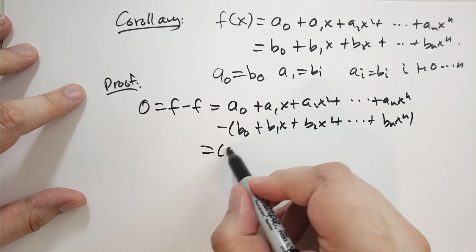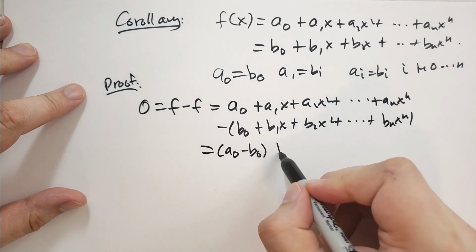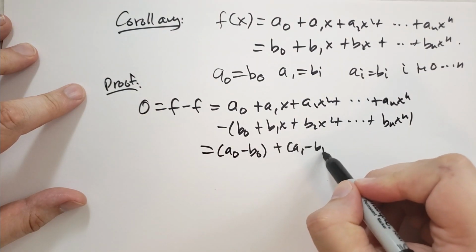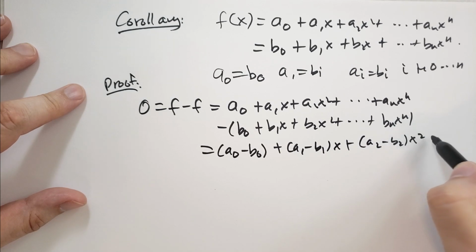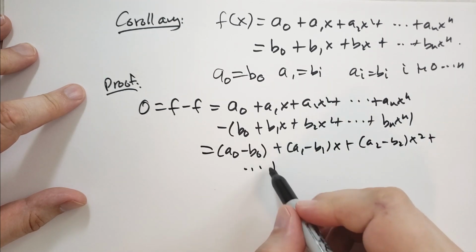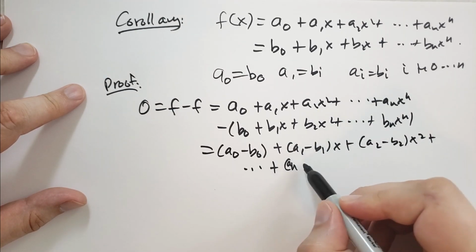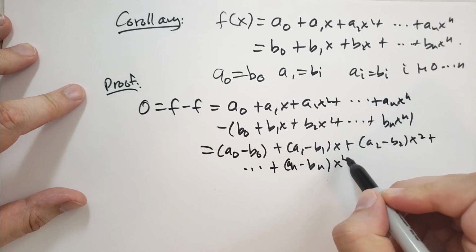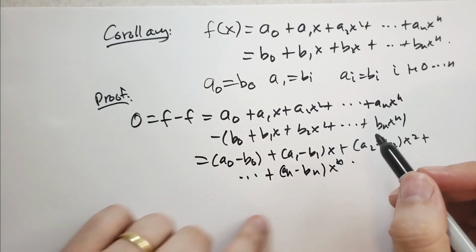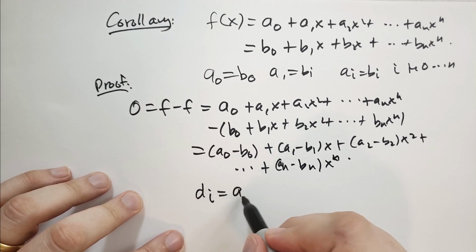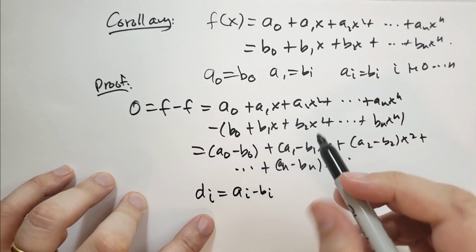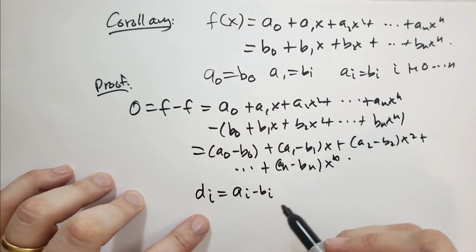So we can rewrite that as a0 minus b0 plus (a1 minus b1)x plus (a2 minus b2)x squared plus dot, dot, dot, plus (an minus bn) times x to the nth power, okay? And then we can say di is just going to be ai minus bi. So this is the coefficients for each of those terms, okay?